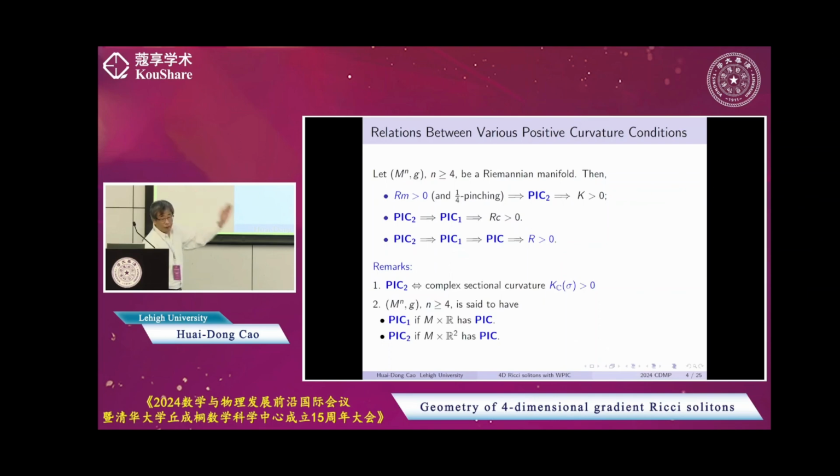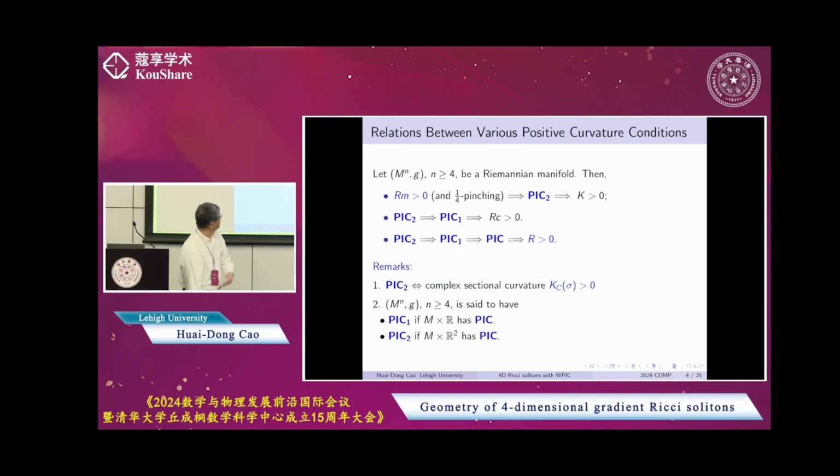So in the sense that the PIC condition only implies the scalar curvature is positive. But if you have PIC1, that implies Ricci curvature positive, then PIC2 implies sectional curvature is positive. And that's the relation between various notions.